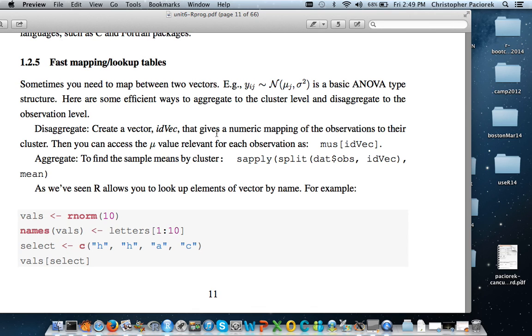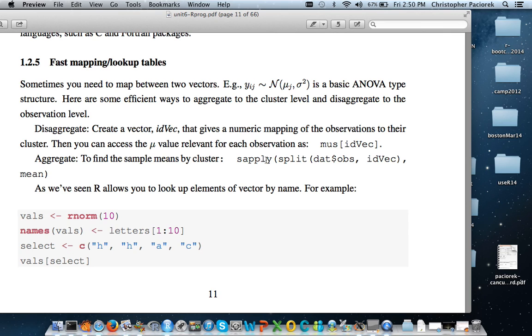If you need to get the means associated with each of the observations, and you have a vector of the means and an ID vector that for each observation says which group it falls in, then you can just do some indexing like this. Let's suppose the mean vector is 10 long and the observation vector is 1,000,000 long. This is going to create a vector that's 1,000,000 long, one for each of the IDs, where it's pulled out the appropriate mean for that observation.